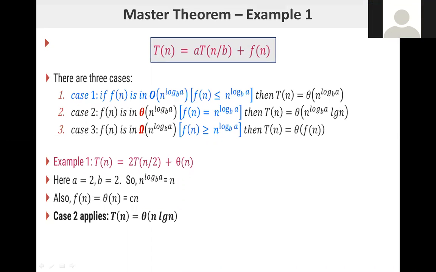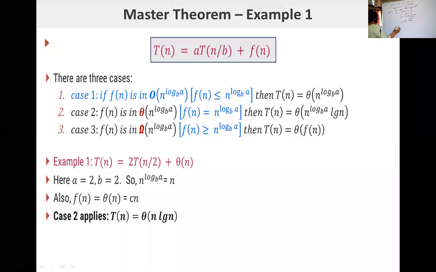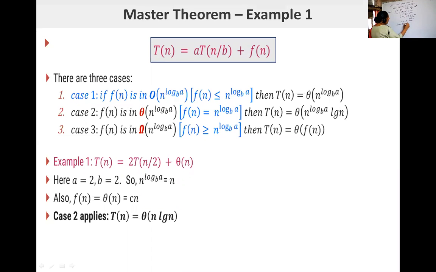Is it okay? A is equal to 4, b is equal to 2 and d is equal to 1. Yes, ma'am. Okay. See, now it implies Pn will be equal to theta of n raised to power log a base b. What is the value of log a base b, that is, log 4 base 2?